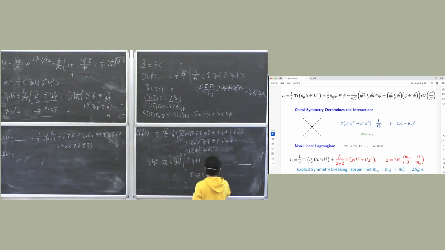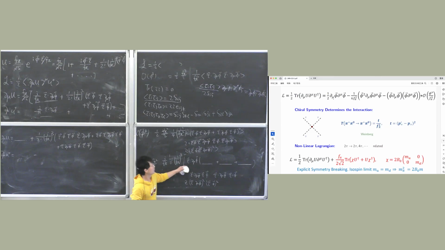Okay. We have this one, and 2 times tau partial mu phi square, tau dot phi square.